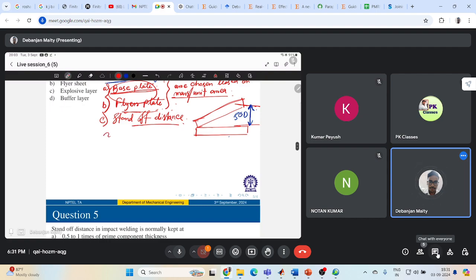Then you have something called a buffer sheet. What it does, or where it is placed? The buffer sheet is placed over your flyer plate.